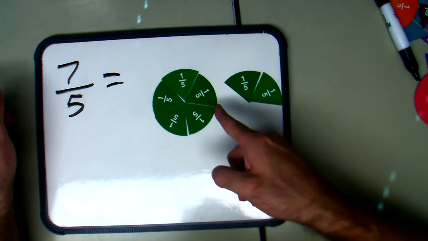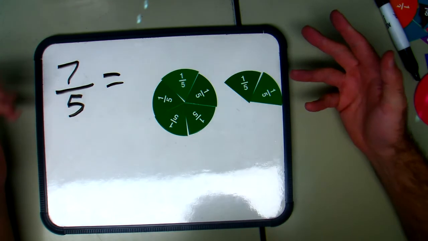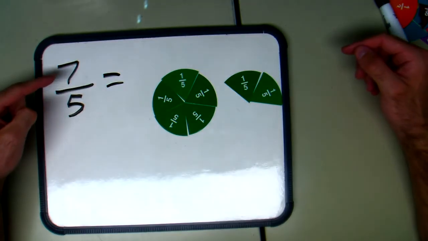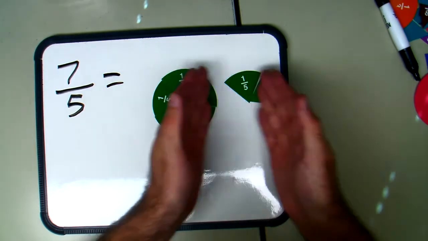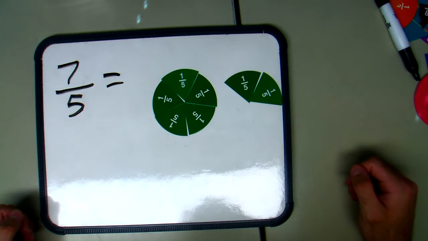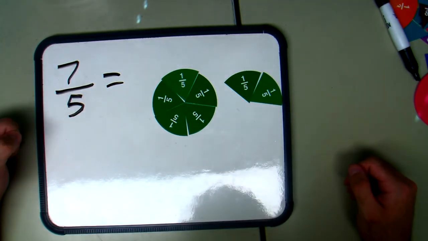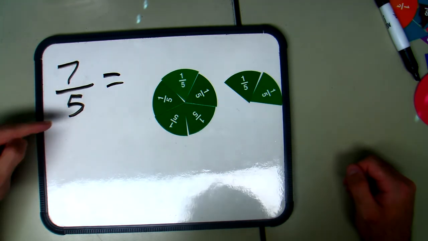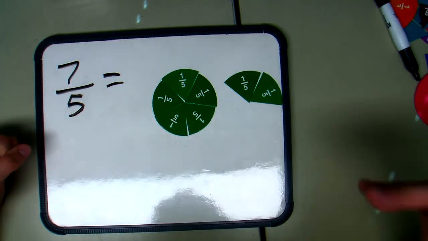I have 7/5 pieces. I notice when the top number is larger than the bottom, I have more than one whole. I have one whole plus extra. So when the numerator is bigger than the denominator, it is greater than 1. It is larger than 1.